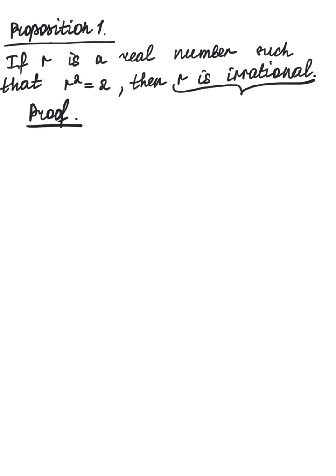So before going forward, let us denote this statement by B and the statement r squared equals 2 by A. Therefore, using the contradiction method, we have A, which is r squared equals 2, and not B, which is r is not irrational, which means r is rational.